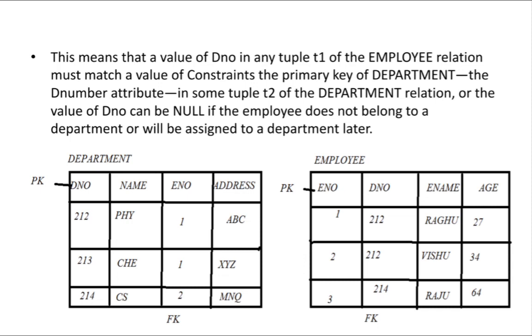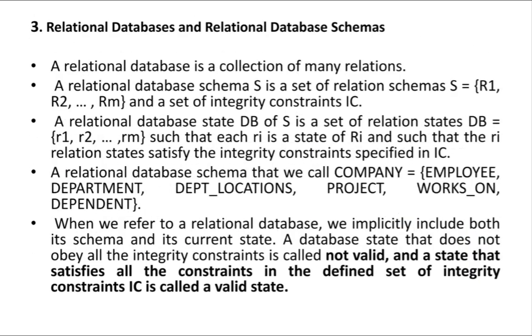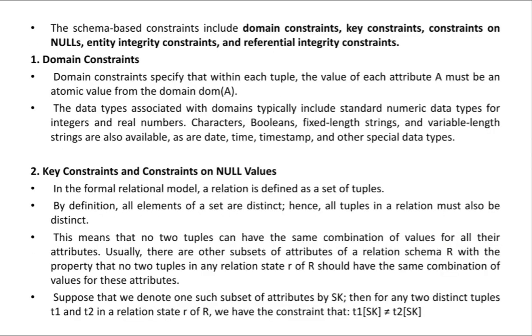You can't divide 2012, you can't divide physics, you can't divide employee number. That is domain constraint. Whatever the values present in this particular domain should be atomic. Atomic means the values can't be divisible. Getting it, guys?